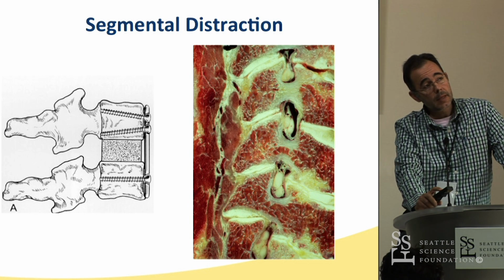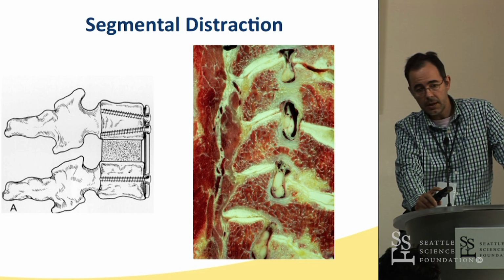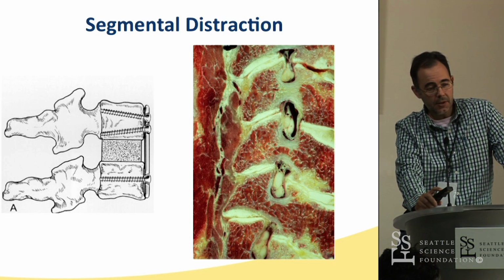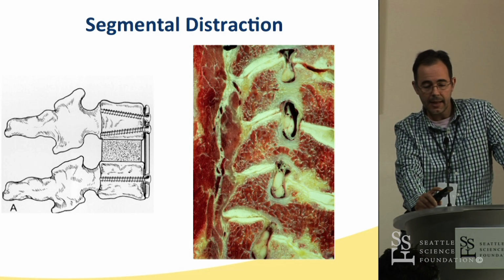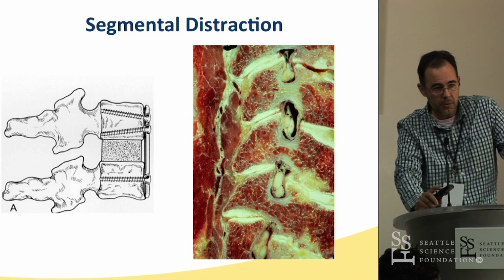So another important thing with regard to stretch is to not over-distract when you do an ACDF, for instance. If you over-distract, you're stretching the spinal cord, and that should be avoided.